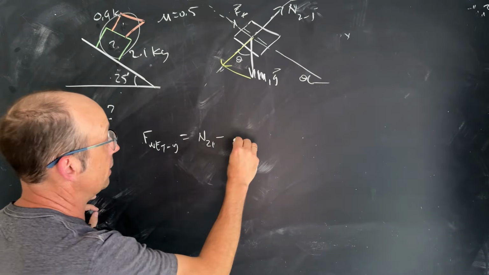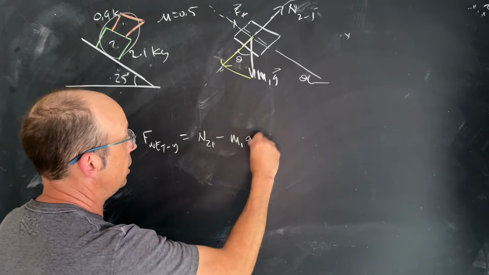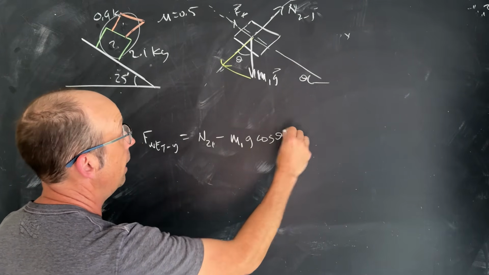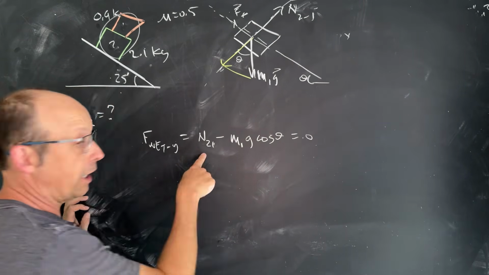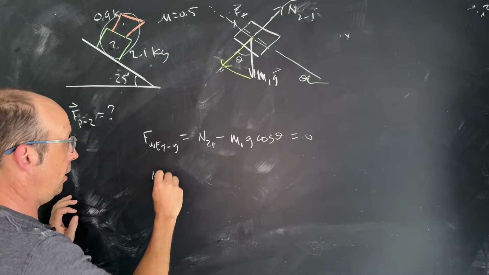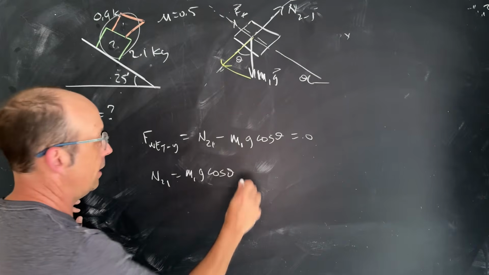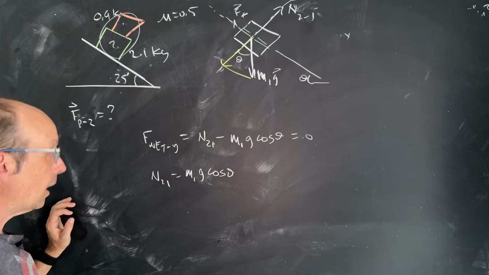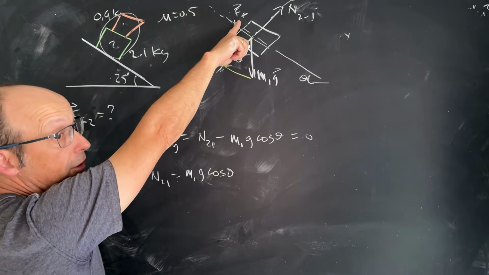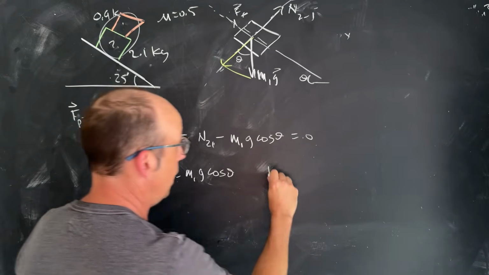So it's going to be minus m1g cosine theta, and that has to equal 0. So I can solve for this normal force. N 2 on 1 is m1g cosine theta.